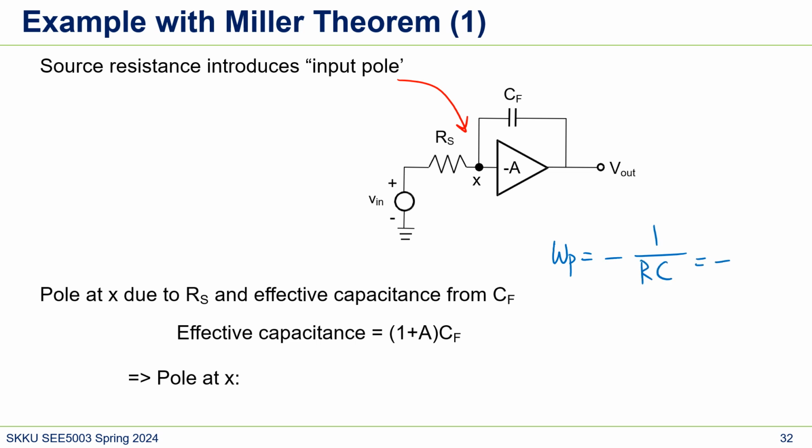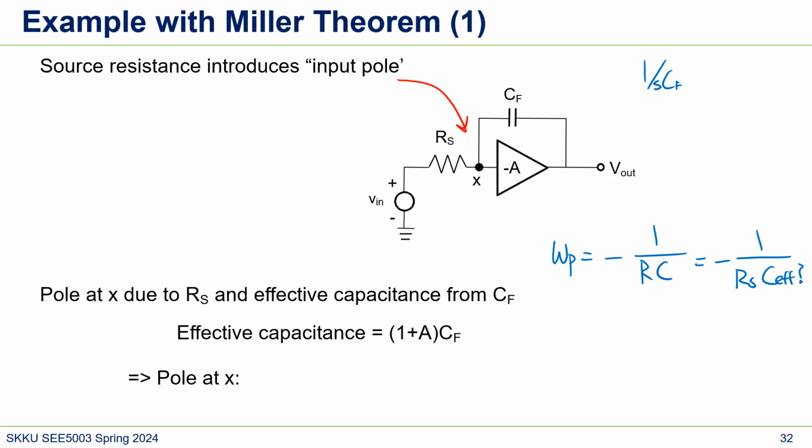And R is RS. Then what is C? This is our question. As we said, because of the Miller effect, the impedance looks smaller here, which means the capacitance becomes larger.